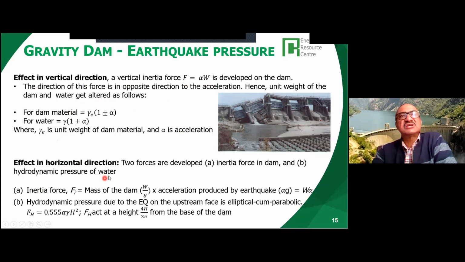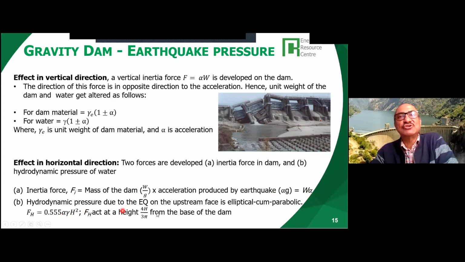In the horizontal direction, there is also inertia force in the dam and hydrodynamic pressure of water, because the earthquake pushes the volume of the dam and the volume of water in different directions. If it's air, it's all right, but the inertia force is the mass of the dam and the acceleration due to the earthquake, the weight times the acceleration due to earthquake.